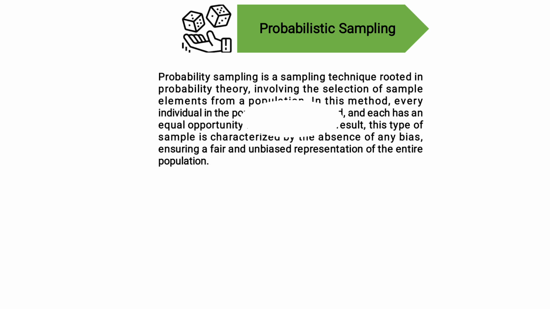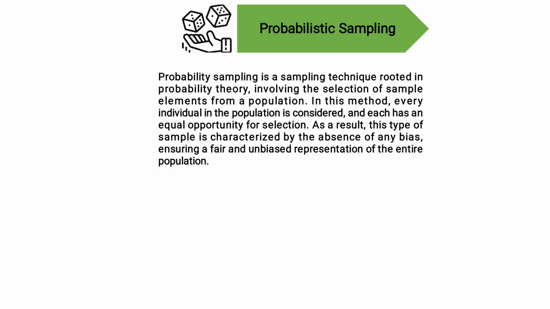So next is probabilistic sampling, as we have already discussed. Probability sampling is a sampling technique rooted in probability theory, involving the selection of sample elements from a population, and in this method every individual in the population is considered and each has an equal opportunity for selection.